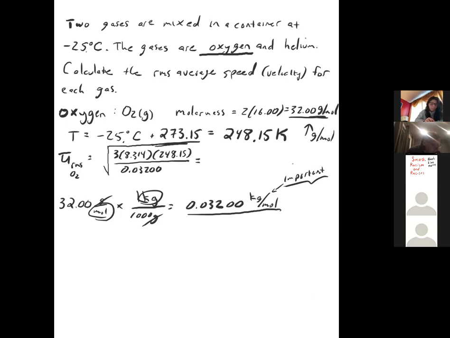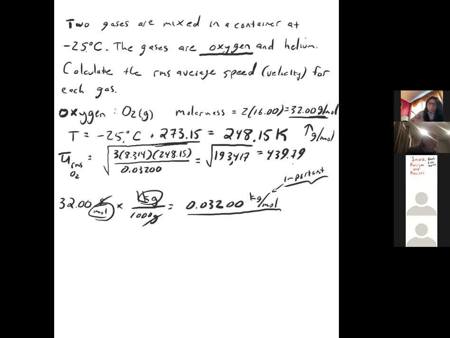So you get the square root of 193,417. So you take the square root of that, and you get 439.79. But let's go back to our sig figs.